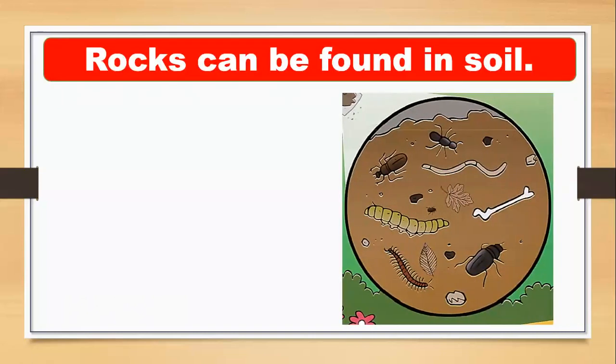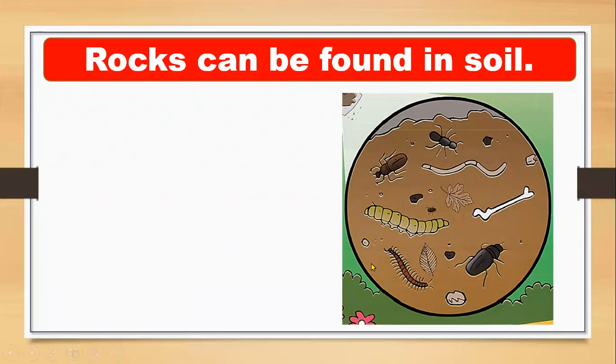Now look at this picture. This picture is about soil, and soil has living things. Can you see these insects and bugs? One, two, three, four, and five. These insects are very important to make our soil.